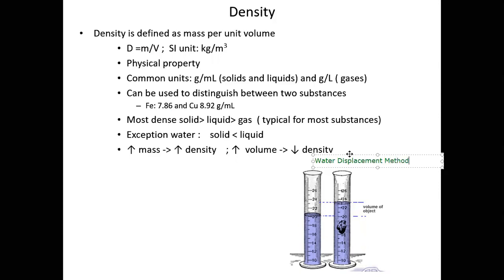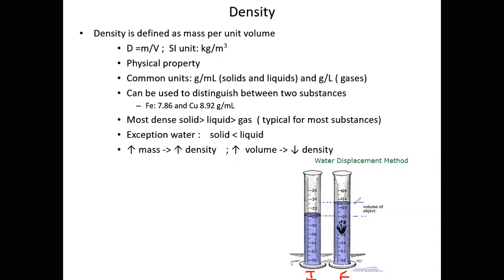So what you do is you grab a graduated cylinder and fill it with water, so this is the initial. Then you add your substance into the graduated cylinder. You're going to see the water level rise. So this is our final. And the volume of the object is just the difference between the initial and final marks on the graduated cylinder.